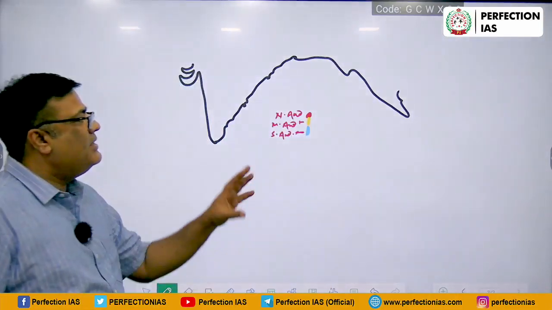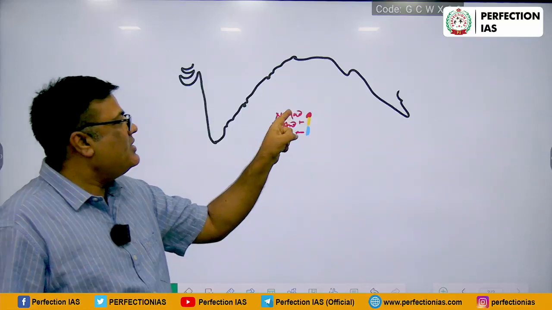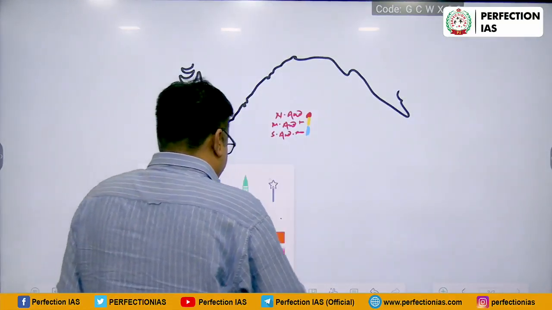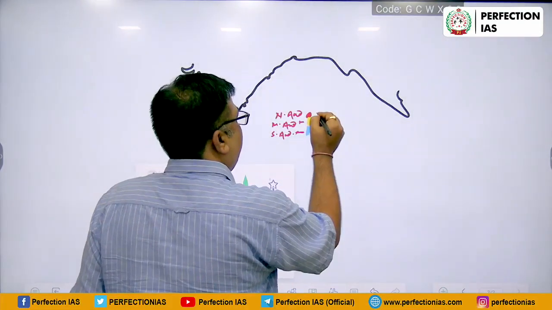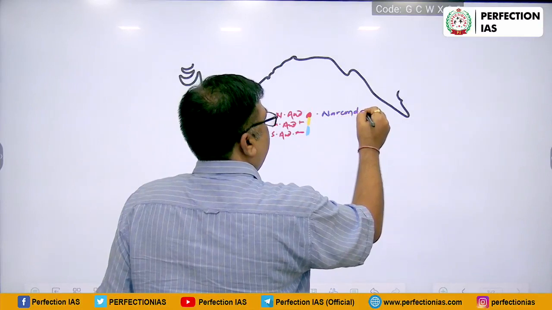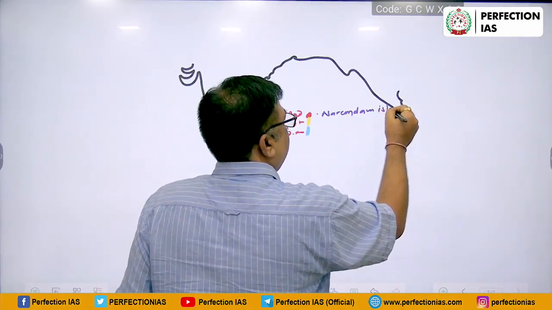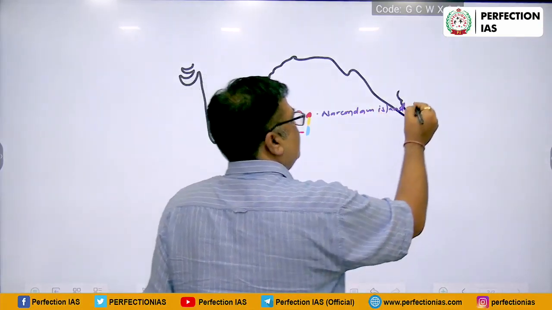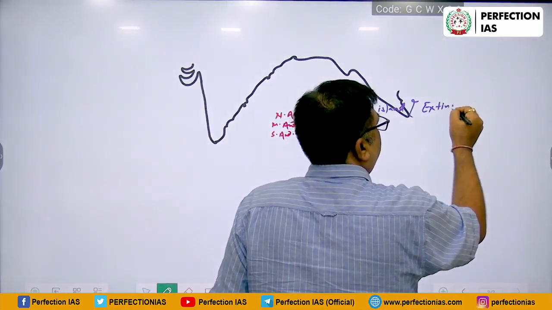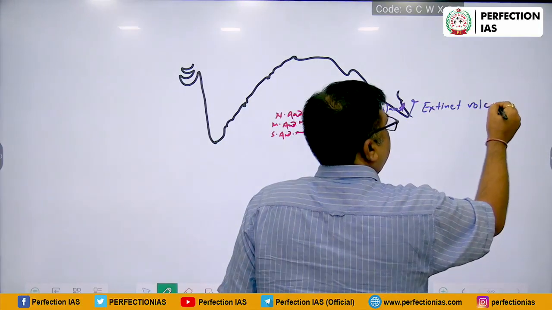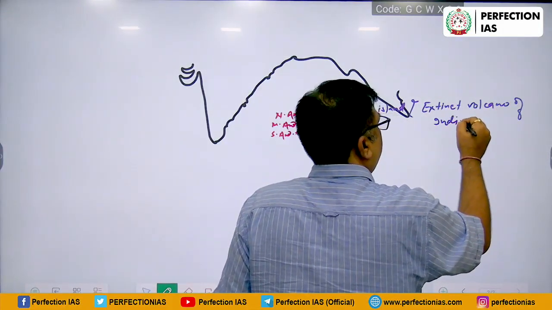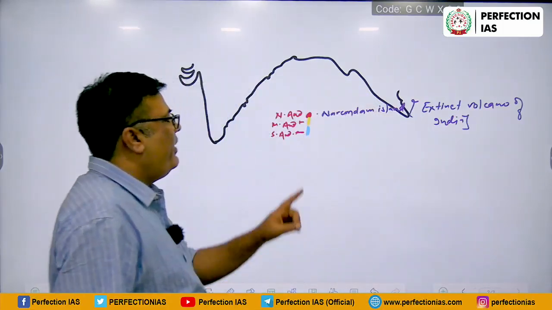Now try to answer 2-3 things, like what is the feature of Northern Andaman? There we can say that Northern Andaman has the feature that it has Narcondam Island, and that is the extinct volcano of India.